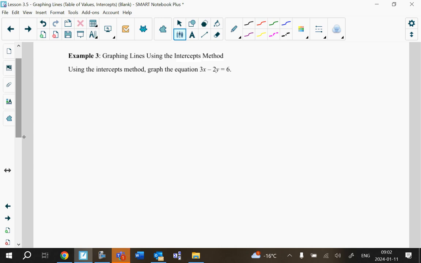So what we're going to do is find the x-intercept, where it crosses the x-axis, by making y equal to 0. Because we just talked about on the previous page, wherever the line crosses the x-axis, the y-coordinate will always be 0. So take this equation as it is and replace y with 0.